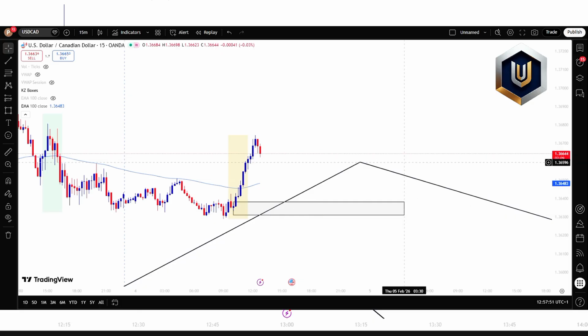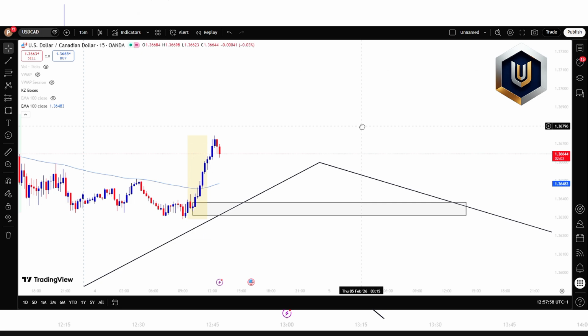So once you do this, all we need to do is wait for price to tap into this particular order block. Once price taps into it, the next thing we do is look out for a long position.